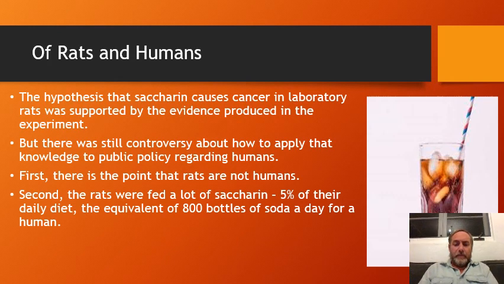Rats are not humans, obviously, and secondly, the rats were fed quite a bit of saccharin. 5% of their daily diet was saccharin, which is the equivalent for a human of 800 bottles of soda a day. So far more than any human would drink. So why give the rats so much? Isn't that sort of a big flaw in the design?